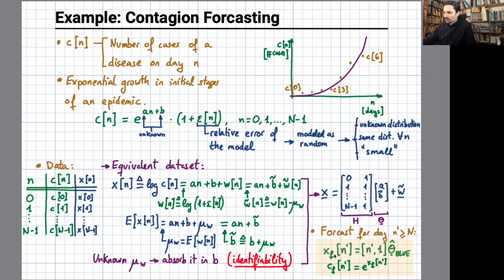So this will obviously give us a value, a prediction for x at n prime. If we want to obtain a prediction for c, we just need to undo this transformation that we applied here, and we just take the exponential of that prediction from the previous step.